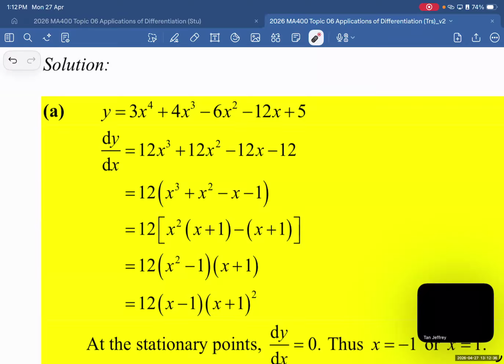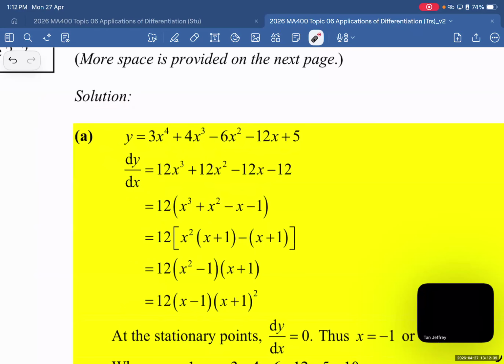You got pi over 4. Then remember to do the first derivative test for pi over 4.